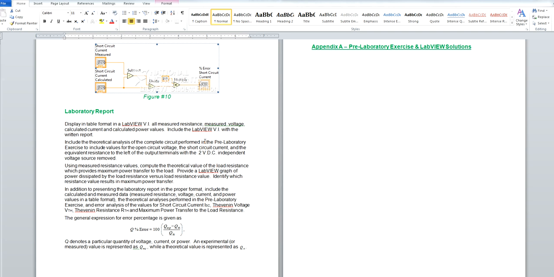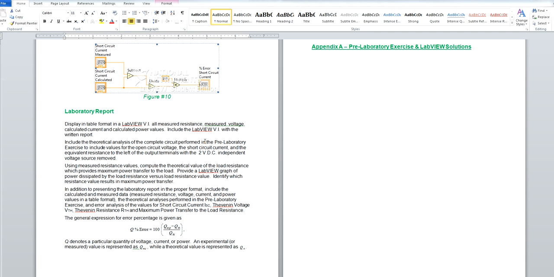Once again, just briefly going through the laboratory report, you're going to want to display, as we did in LabVIEW, all the measured resistance values, measured voltage values, calculated current and calculated power values. You're going to include your theoretical analysis performed in the pre-laboratory for comparison purposes against what is actually measured and calculated in LabVIEW.